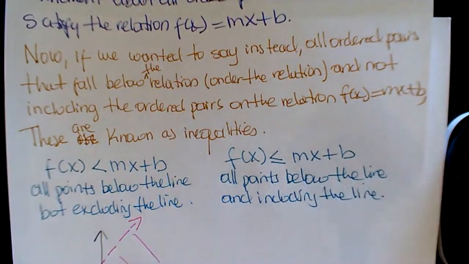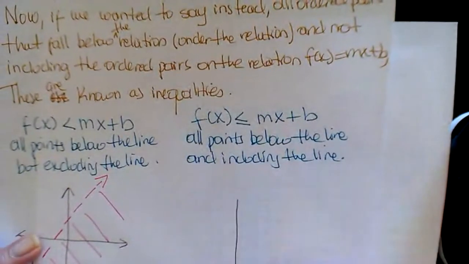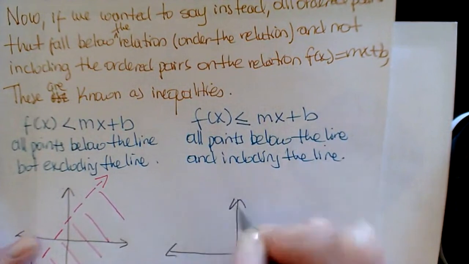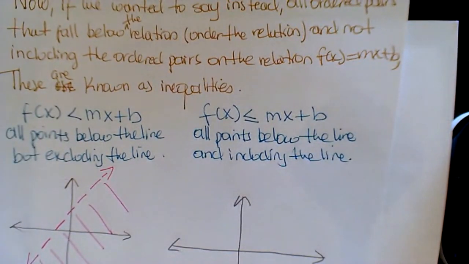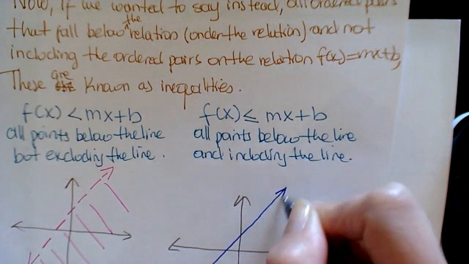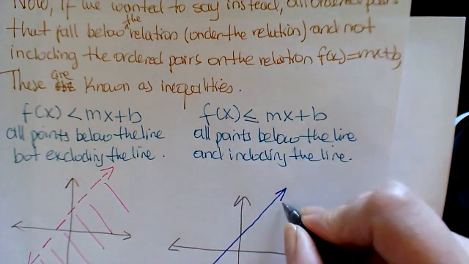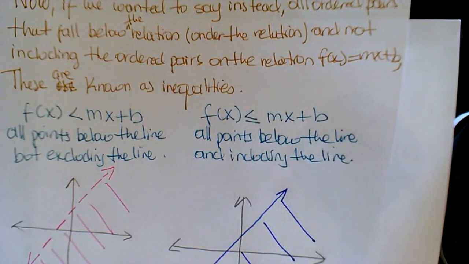So this will look like something like this. It's going to be a solid line, okay? That's the difference, solid line. Below the line, because it's less than. And in this case, we're including the line, so it's a solid line.